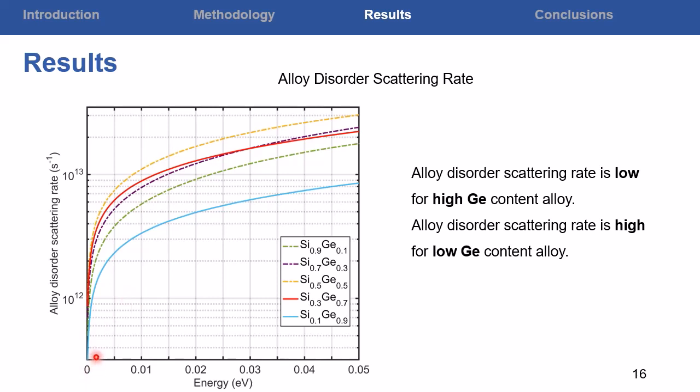On the other hand, for the silicon germanium alloy that has the highest germanium content, the alloy disorder scattering assumes its lowest value, which means that for this alloy, alloy disorder scattering is less likely to happen.